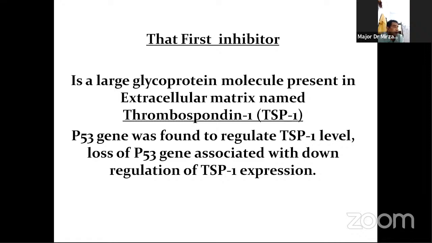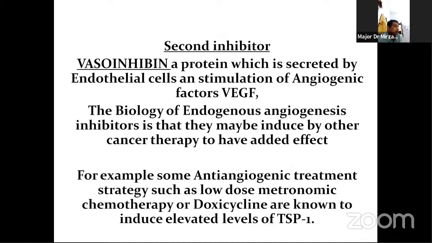Loss of the p53 gene is associated with downregulation of thrombospondin 1, which means upregulation of vascular endothelial growth factor that leads to angiogenesis. The second inhibitor is vasoinhibin, a protein which is secreted by endothelial cells and inhibits the stimulation of angiogenic factors like vascular endothelial growth factor.